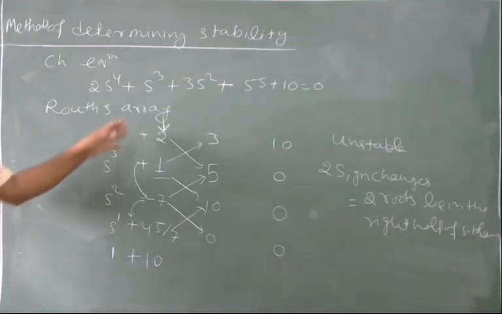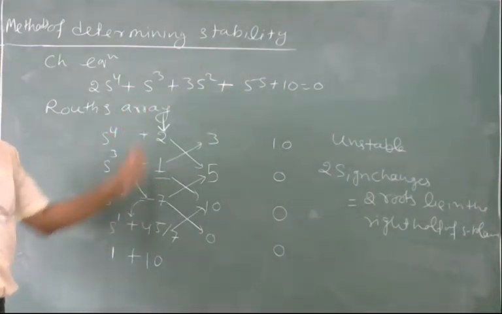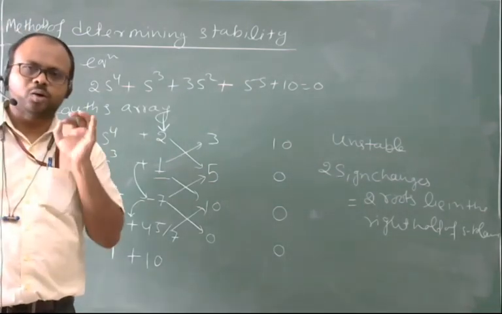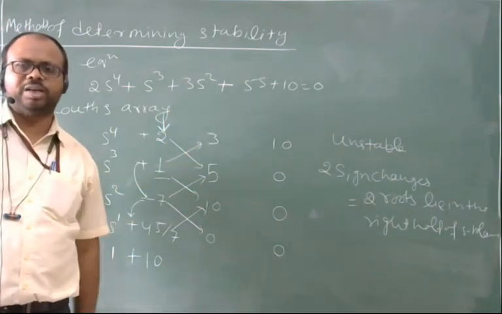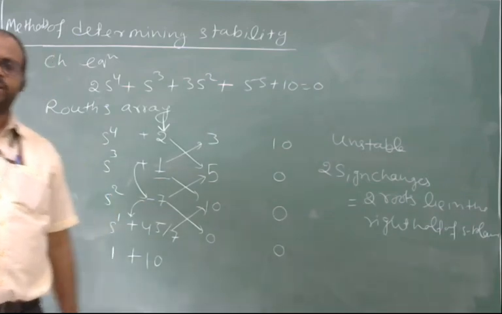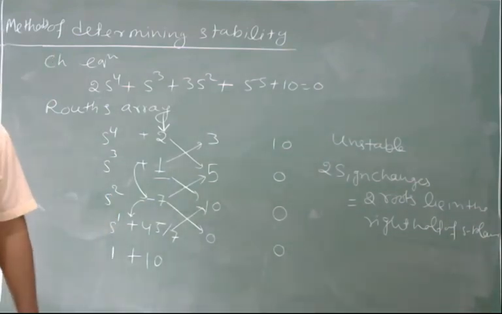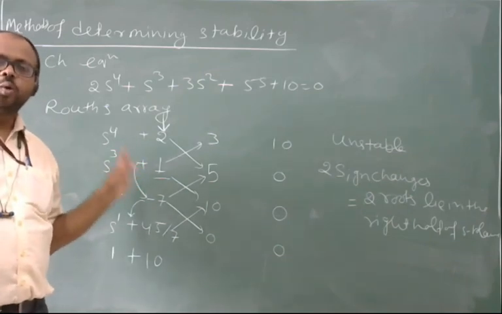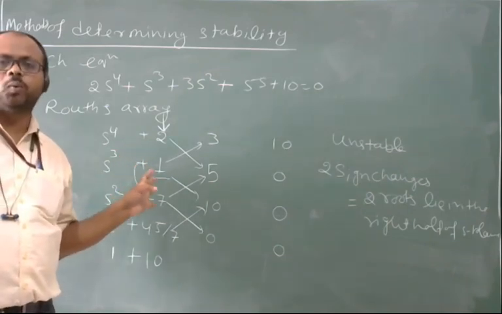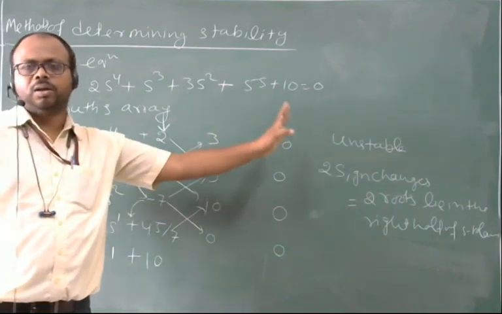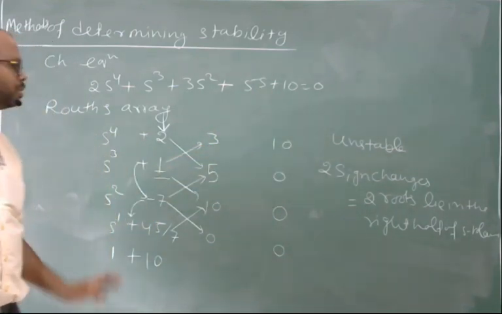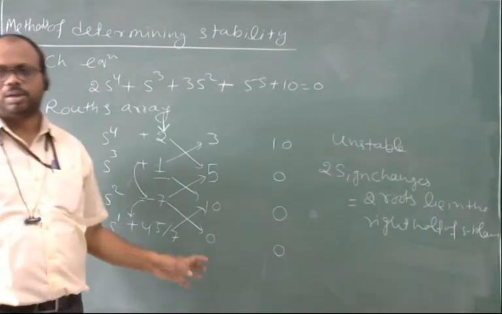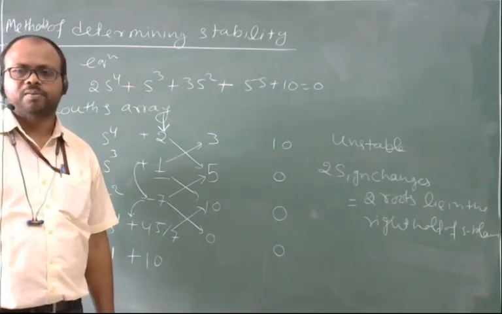And since there is no 0 in the first column, there is not a single root which lies on the imaginary axis, because there is no 0 in the first column of the Routh array.